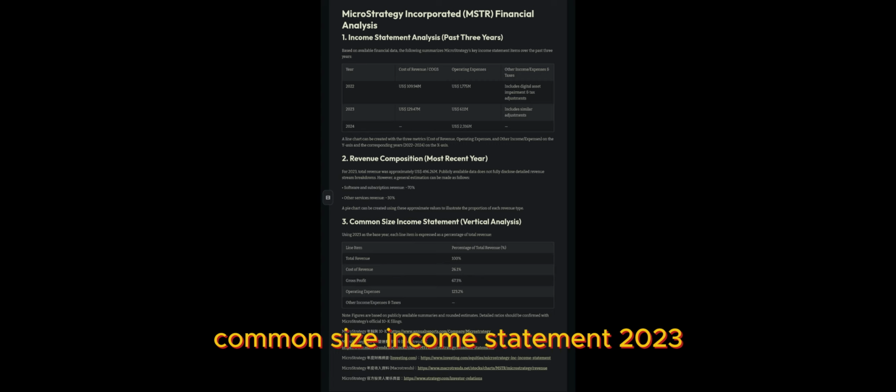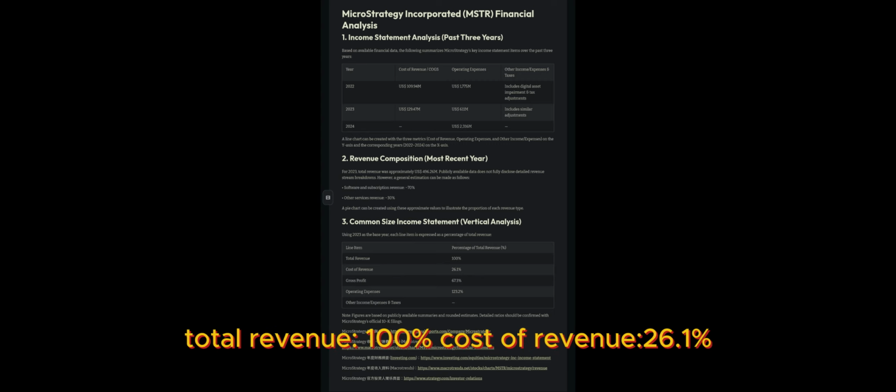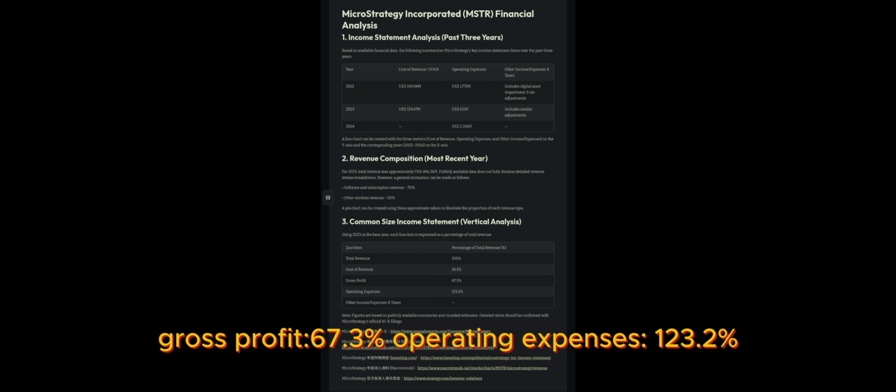Common size income statement 2023, expressed as a percentage of total revenue. Total revenue 100%. Cost of revenue 26.1%. Gross profit 67.3%.